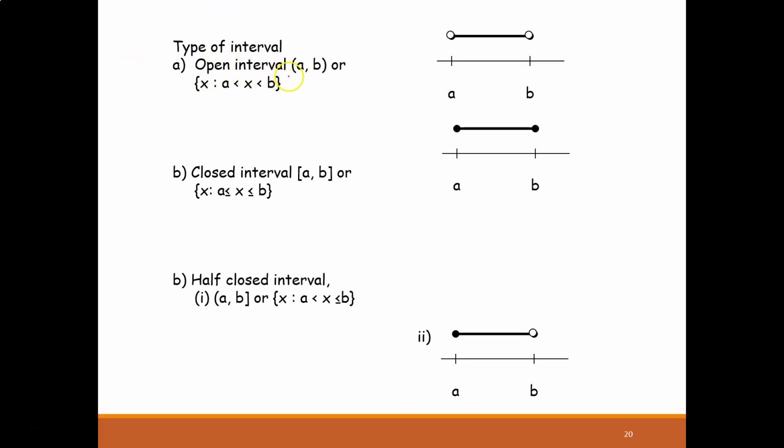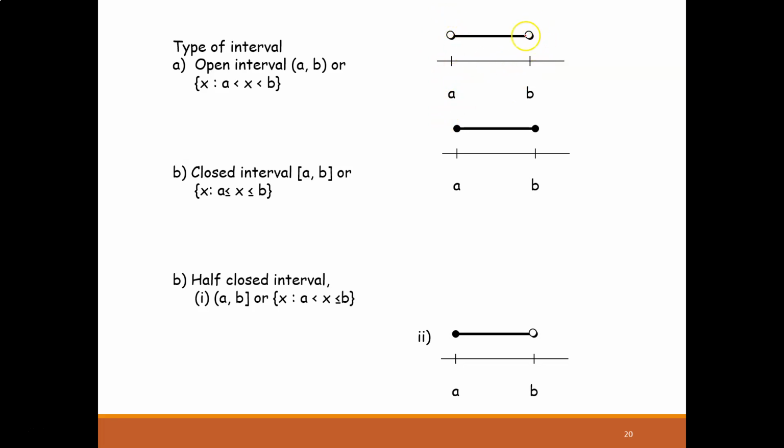You have this open bracket, A to B. Or in the curly bracket, in the form of a set, you will write it down like this, x titik bertindih, x greater than A, less than B. This one is in set form. When you have a number line, we draw it like this, A and B. This is open dot.